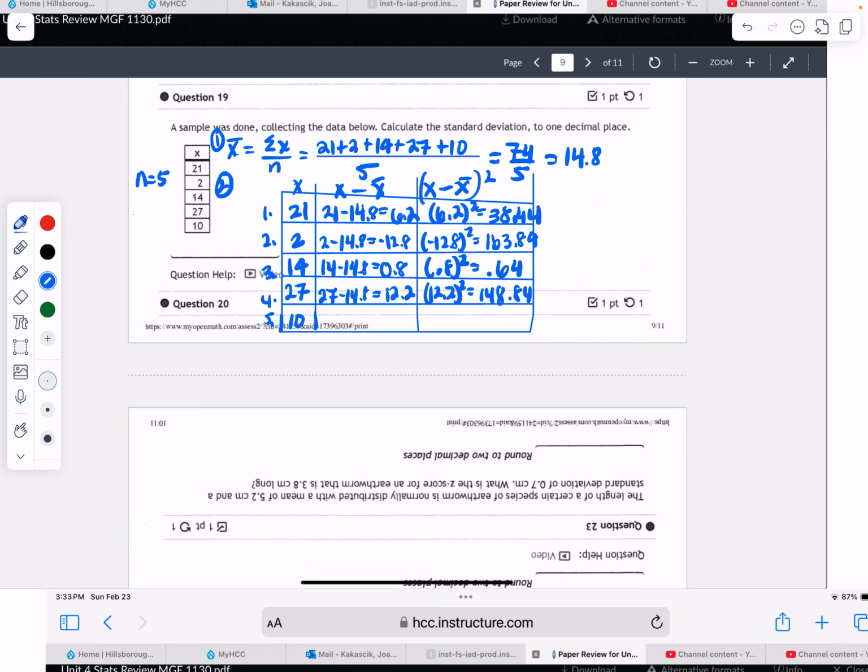Then 10 minus 14.8 is negative 4.8, and negative 4.8 squared gives me 23.04.